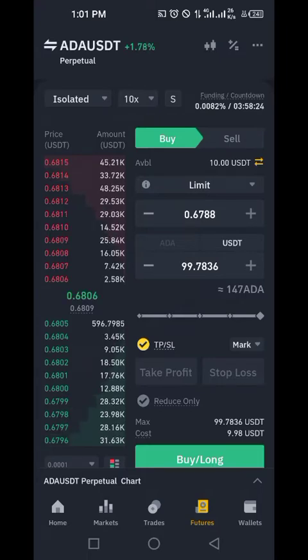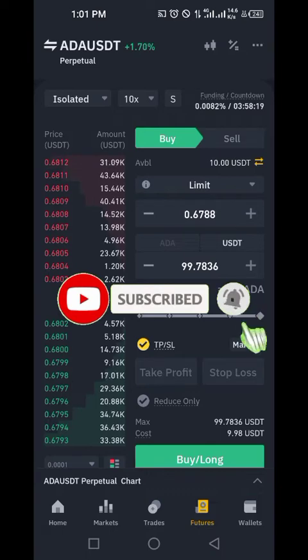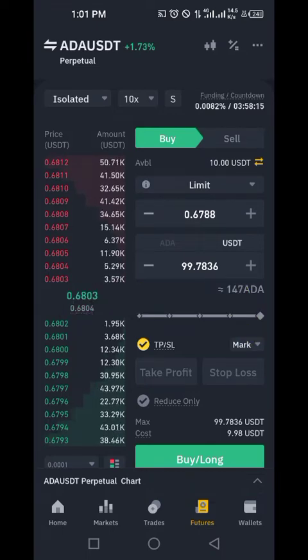The position I was able to open is $100. Why? Because I'm on 10x leverage. So it means multiply my position by 10. I'm supposed to trade with $10, but it's multiplying it by 10, giving me opportunity for higher profits.